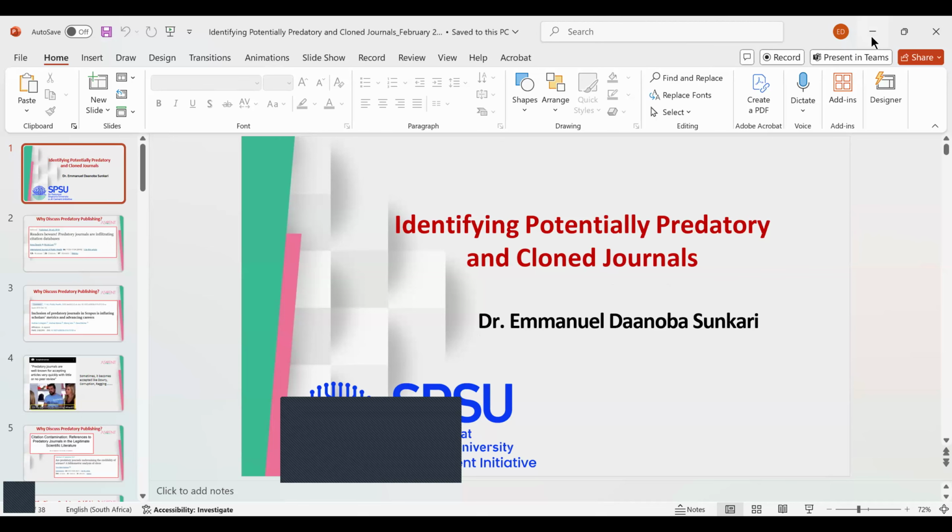My question is about selecting or choosing the journal. So you mentioned that, for instance, we have the Elsevier journal finder, where you can paste your abstract in. It will suggest something to you.